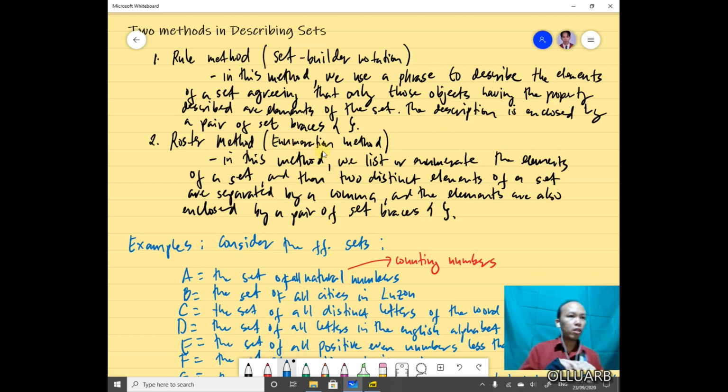Before I forget, let me add something here. In some books, this is what we call the tabulation method.